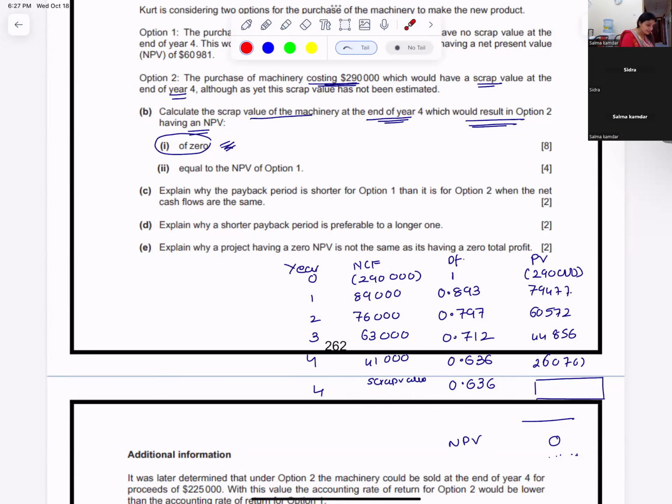When they ask you to calculate a desired NPV, what is your desired NPV? Your NPV should be 0. That is what they're telling you. So when you have to calculate desired NPV, your first step is you will calculate your normal NPV.